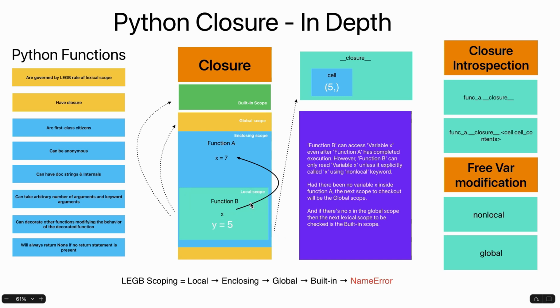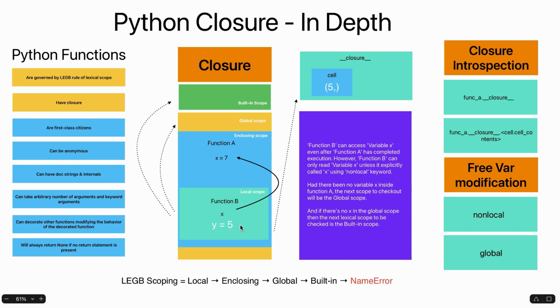Now that we have an understanding of what scoping is, let's talk about closure, right? As we discussed earlier, x is not defined within function b. Rather, it's a reference to the definition of x, which resides within function a. So when we call function a, and we're assuming function a is returning function b, at that point function a is called, completed, and garbage collected.